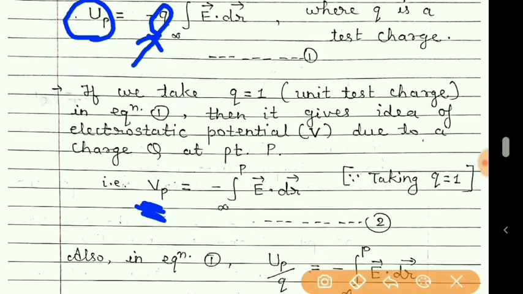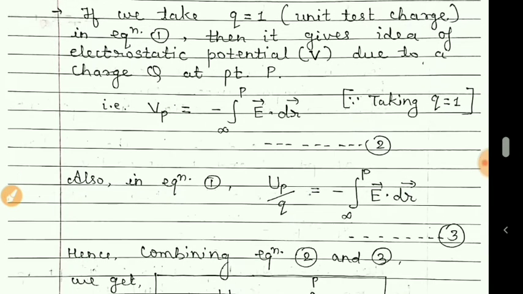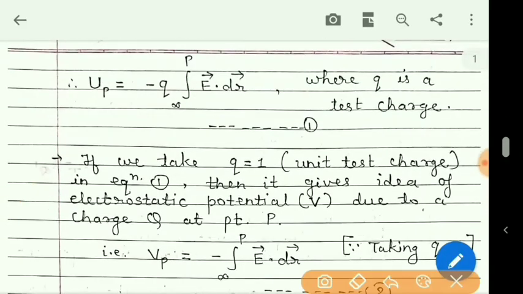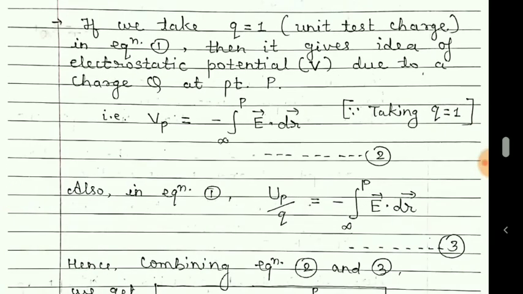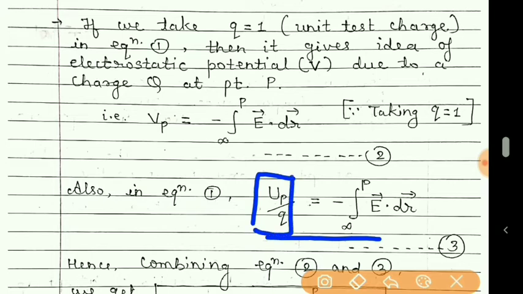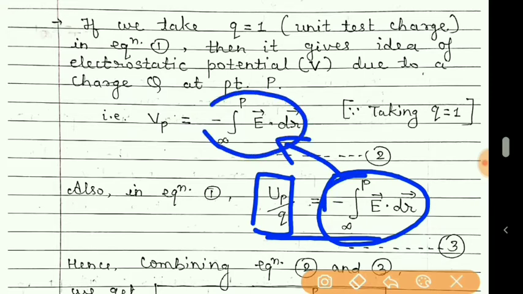Once again, from this equation number 1, if we bring this charge Q from right side to left side, then we get this step, that UP upon Q is equal to this. But what is this? It is same as this, and that is nothing but potential.